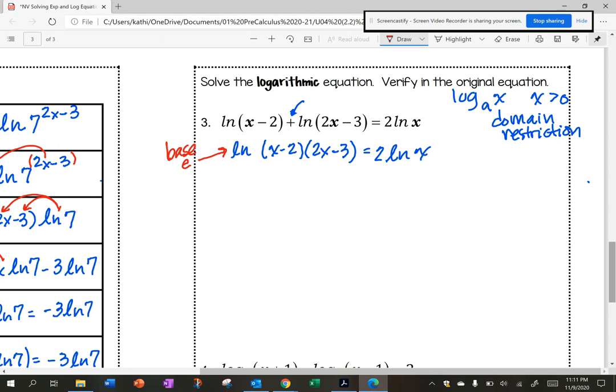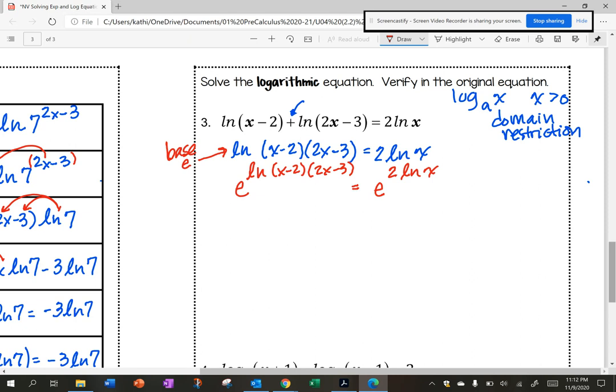So I'm going to say base e, and I'm taking everything that I have: ln of (x minus 2)(2x minus 3) equals, whatever I do on the left I have to do on the right, 2 ln of x.